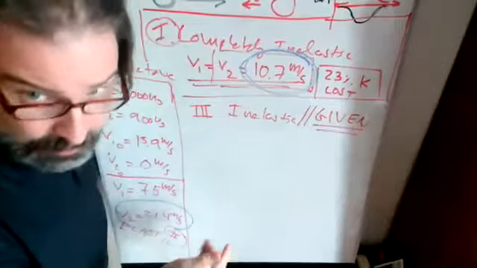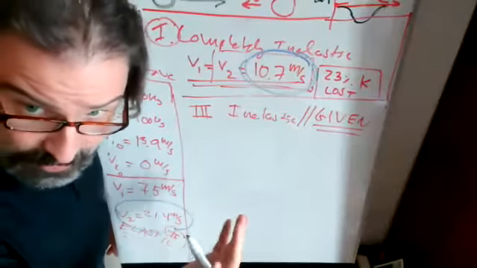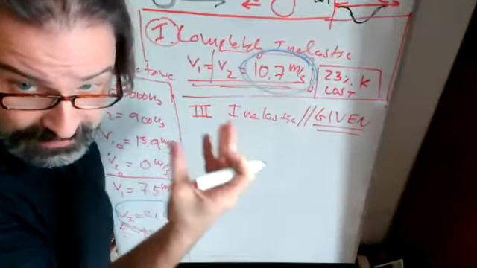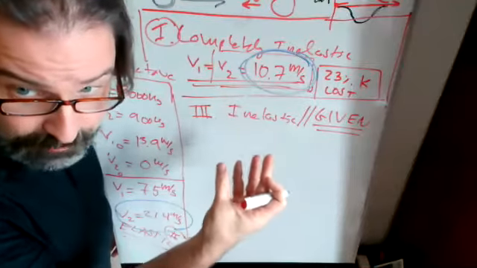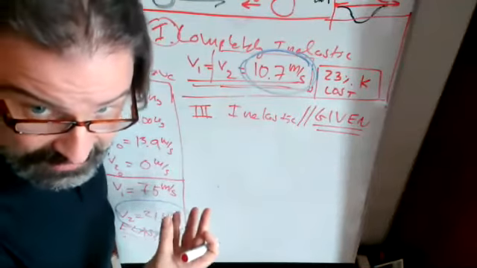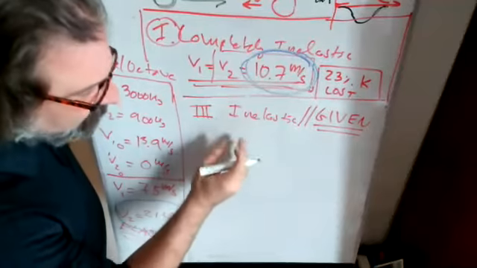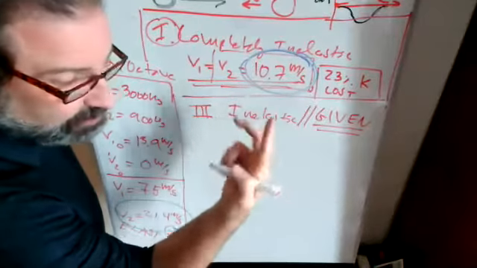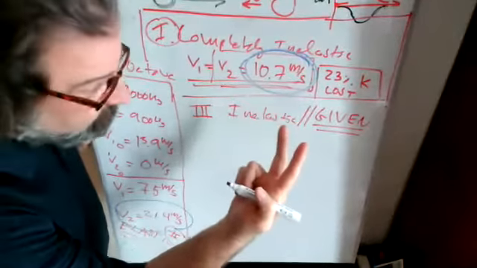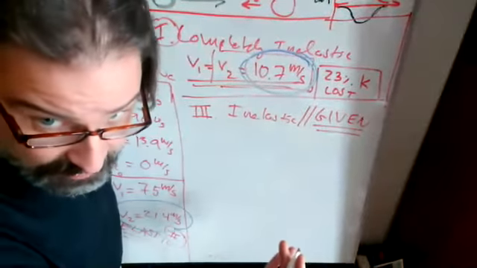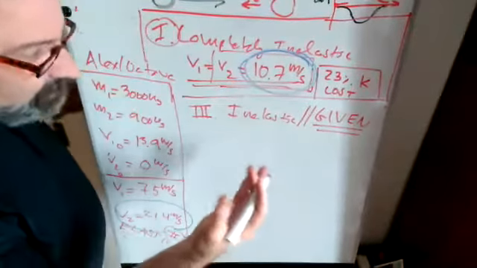Because remember, we were in the situation where we needed to have an additional piece of information to be able to solve the problem, because conservation of momentum was not sufficient for us to solve the problem, because we still had in that equation two unknowns, V1 and V2. Now, if we give V1 or V2 after the collision, then the problem can be solved.